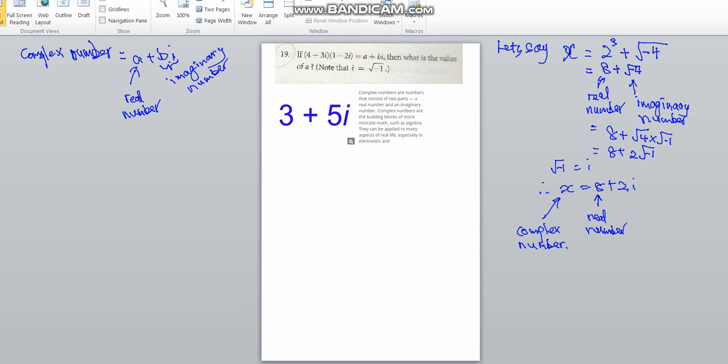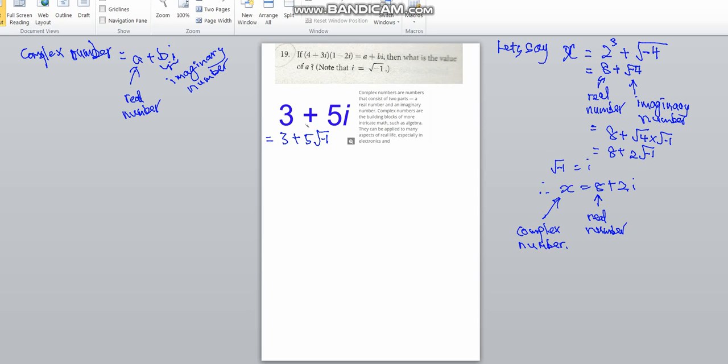But when you talk about a complex number, it consists of the real number plus the imaginary part of the number. So a complex number consists of a real number and an imaginary number. For example, 3 plus 5i, which is actually equal to 3 plus 5 times the square root of minus 1, since i is the square root of minus 1.